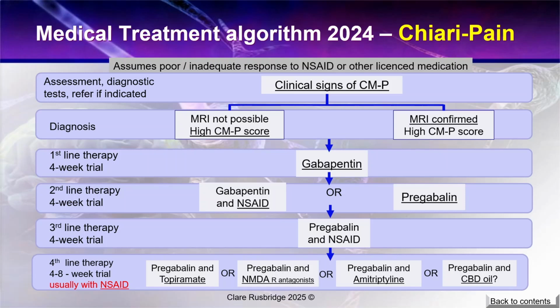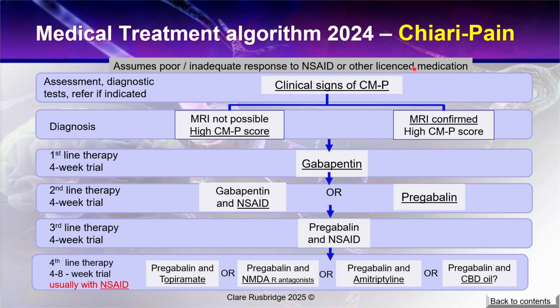And the reason why there's lines over some of this is really just to indicate that each of these things has a separate YouTube video which you could watch at your leisure if you wanted to have more information about one particular aspect. So first of all, we're talking about Chiari malformation pain.